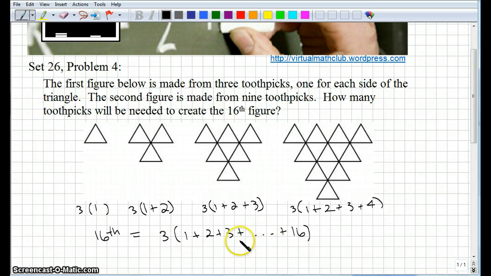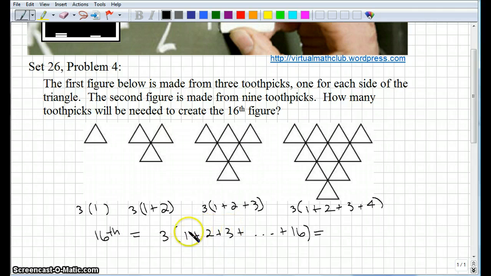So we could sit down and figure out 1 plus 2 plus 3 plus 4 plus 5 all the way to 16. Or if you've watched my video on arithmetic sequences, you know that to add an arithmetic series, and this is an arithmetic sequence here because the difference between consecutive numbers is a constant.